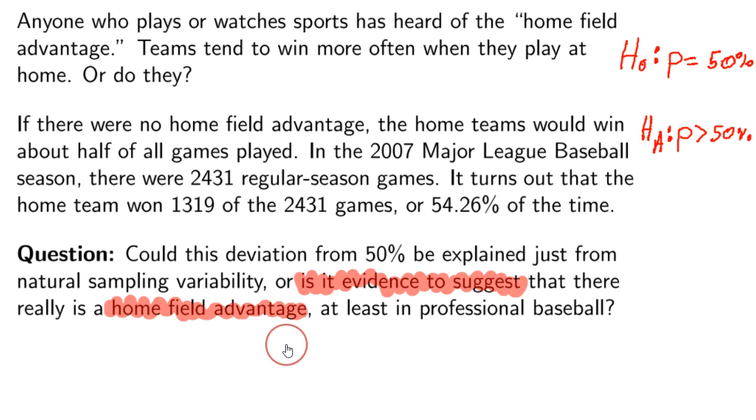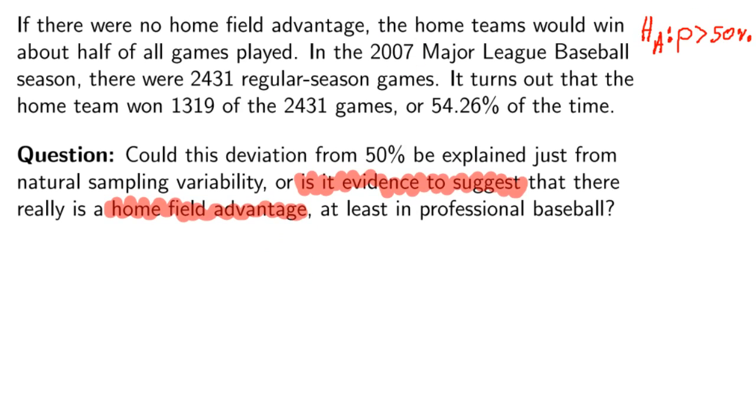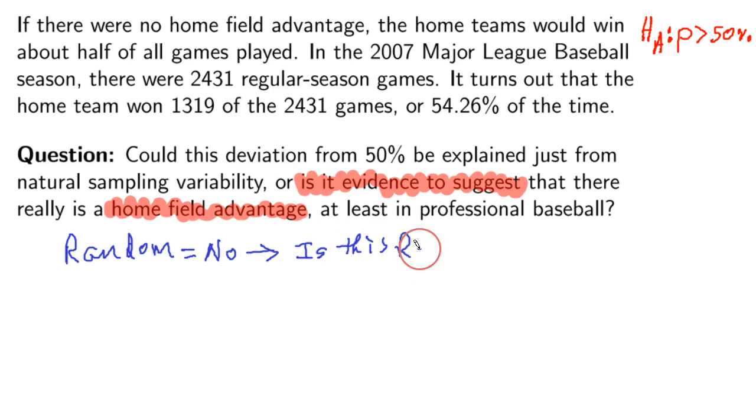Now, in order for us to move forward, we need to check all of the requirements. So the first one is, well, is this random? Well, we can't really pass the random test. So basically we have to say, okay, here's another test: is this representative of a typical season?